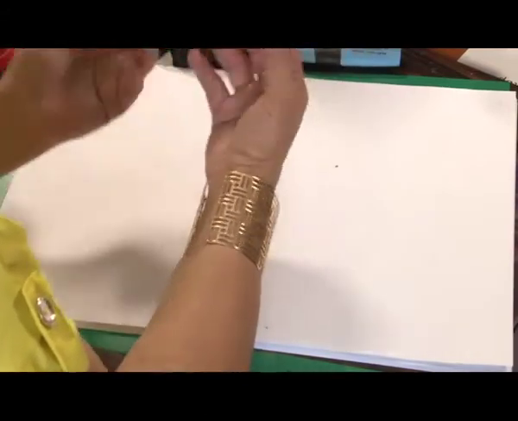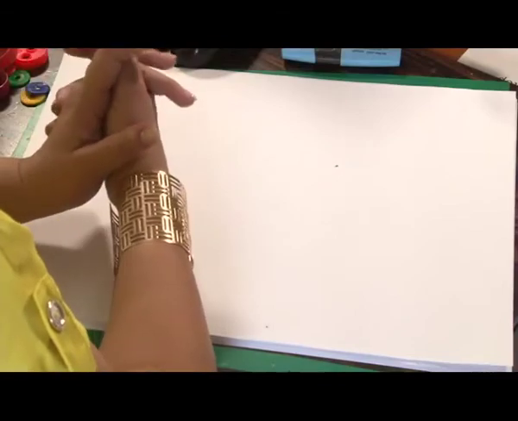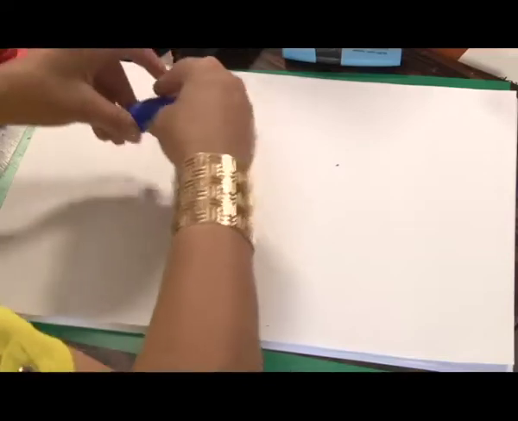What is on hand, what they have, this is what they should use. So they can use their feet or their hands, or I can make use of counters.